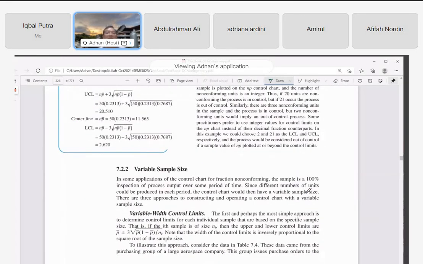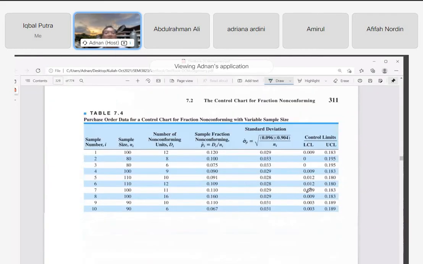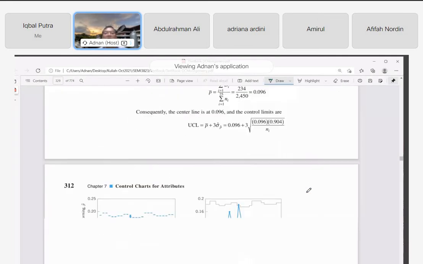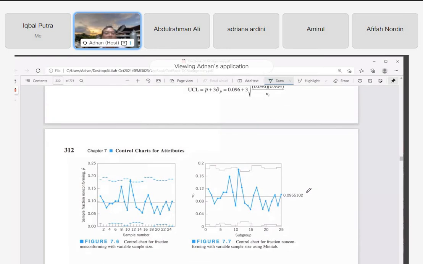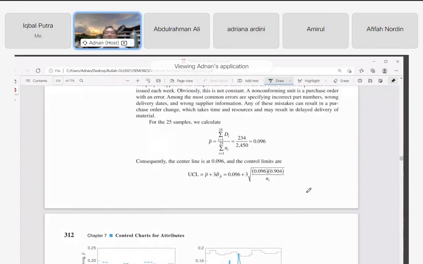The example here is variable sample size for the P chart. Yes, this is the P chart.